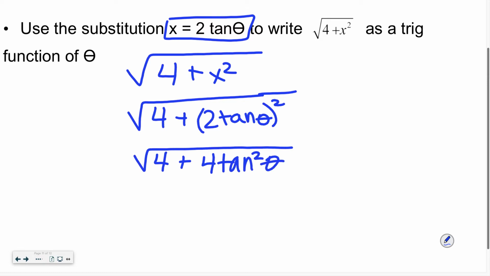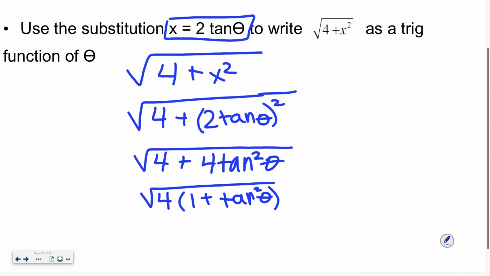Now we're still stuck. We still cannot take the square root over addition. However, what is true about 4 and 4 tangent squared theta? What's in common? They both have a 4. So we can factor out that 4.